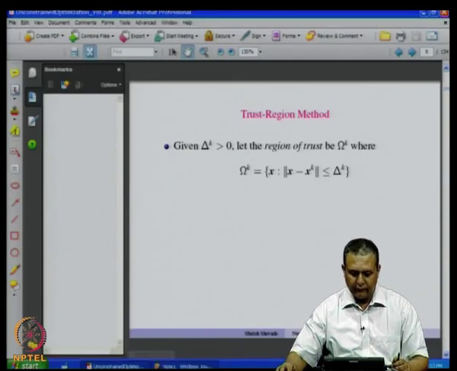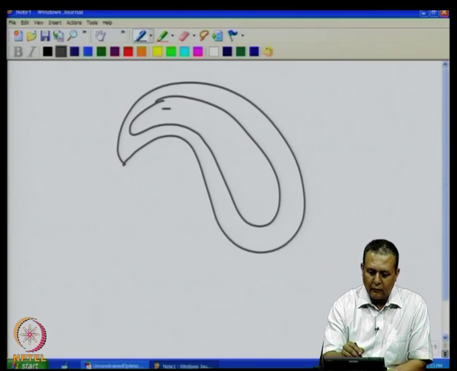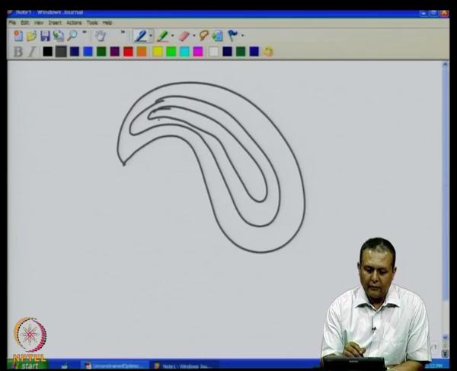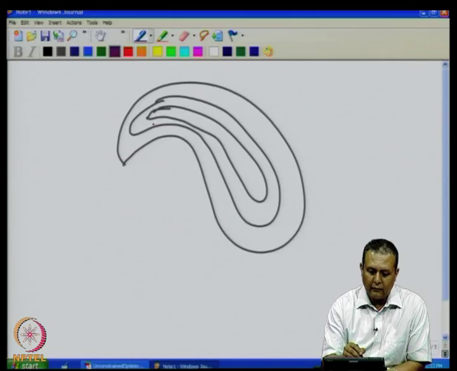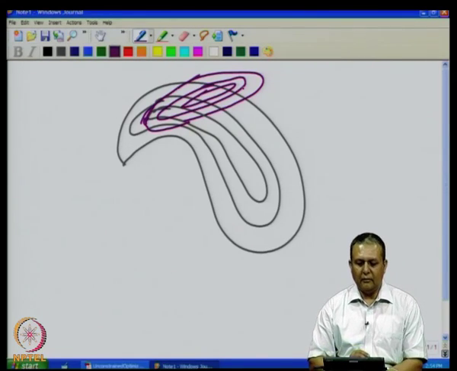Now, let us look at an example. Suppose we have the function contours like this, and suppose this is our current point, and suppose the quadratic approximation of the function looks like this.